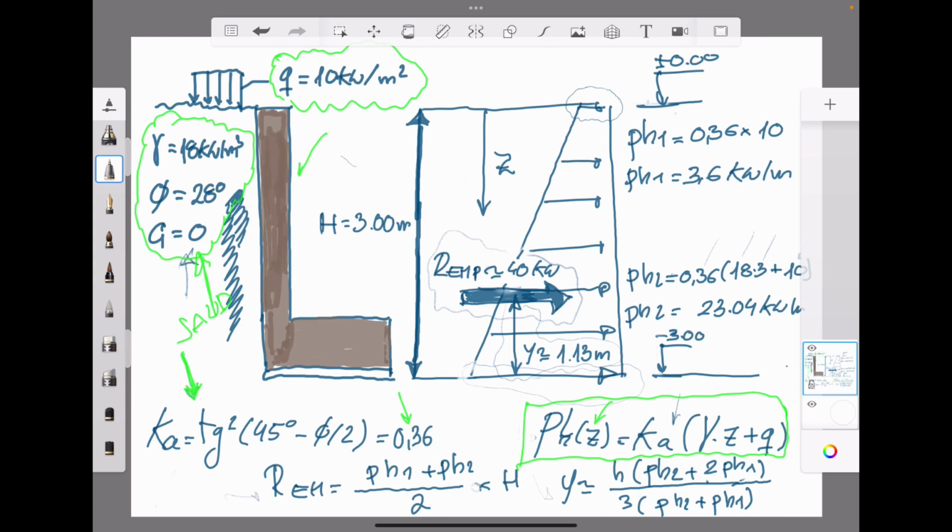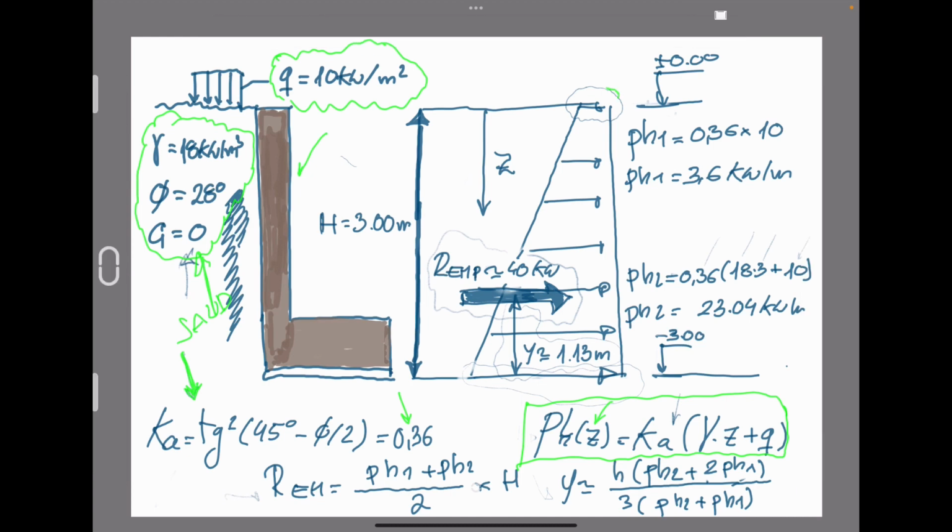From a practical point of view, it is only necessary to determine the lateral soil pressure at the top of the construction and at the bottom of the foundation, because the relationship is linear. So for the first value, located at the top, you can see that there is no pressure due to the weight of the soil, so the only parameter acting is the surcharge, equal to 10.